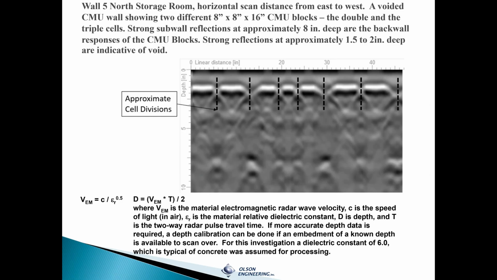We found that there were actually two types of blocks, both blocks with 2 cells and blocks with 3 cells. What you see here from left to right is one block with 2 cells, one block with 3 cells, and then another block with 2 cells, all of which are ungrouted, as evidenced by the bright white reflectors that indicate an air void rather than grout, and no reinforcement in this one.